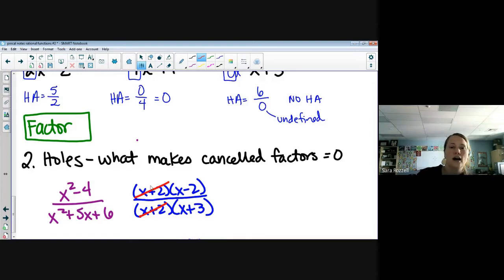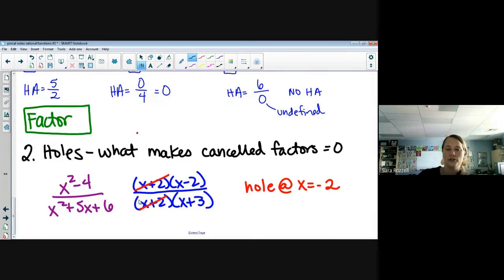So what would make this equal to 0, the x plus 2? Negative 2. So we have a hole at x equals negative 2. So when you drew your graph, go to negative 2 and put a little hole there. We'll graph this whole thing together in a minute. So holes, you cancel your stuff, and it's whatever makes that canceled factor equal to 0.